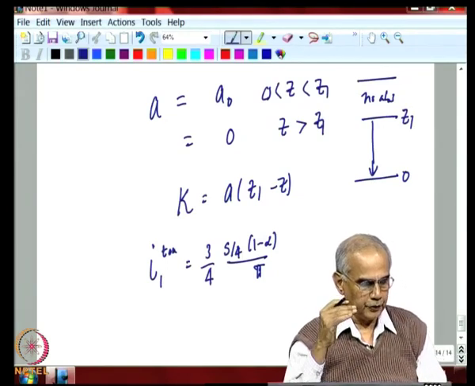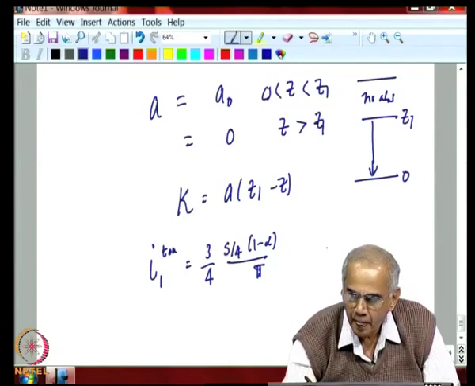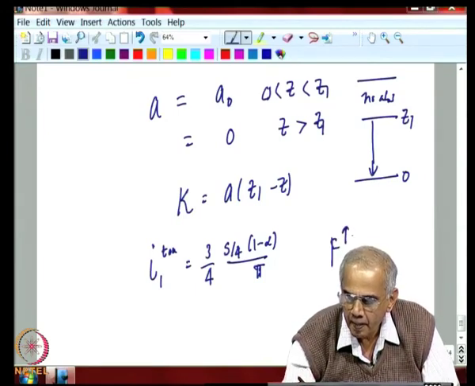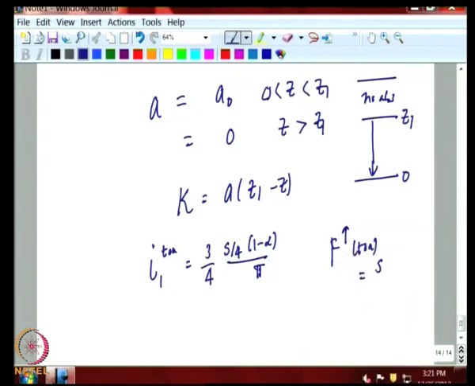at the top of the atmosphere we are saying that the flux has to be equal to S by 4 into 1 minus alpha, because if you recall, whatever radiation is absorbed by that atmosphere system has to be emitted back.